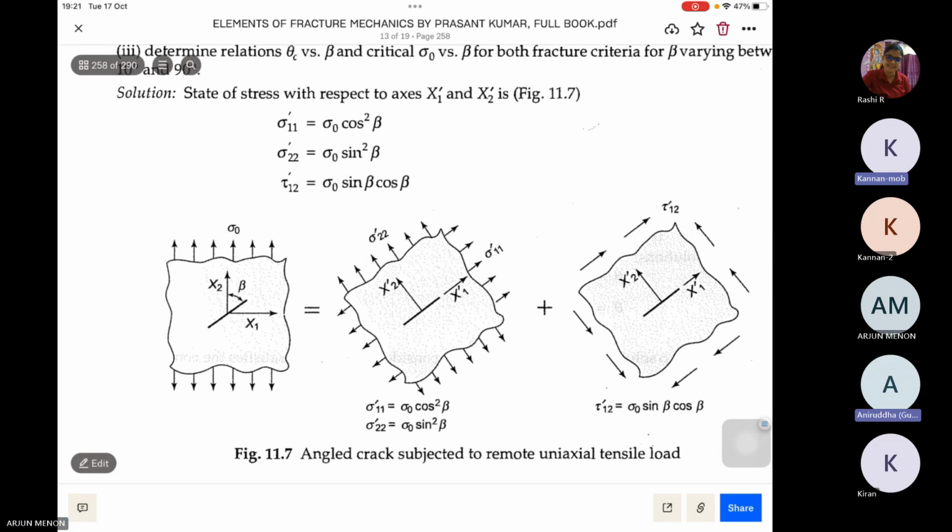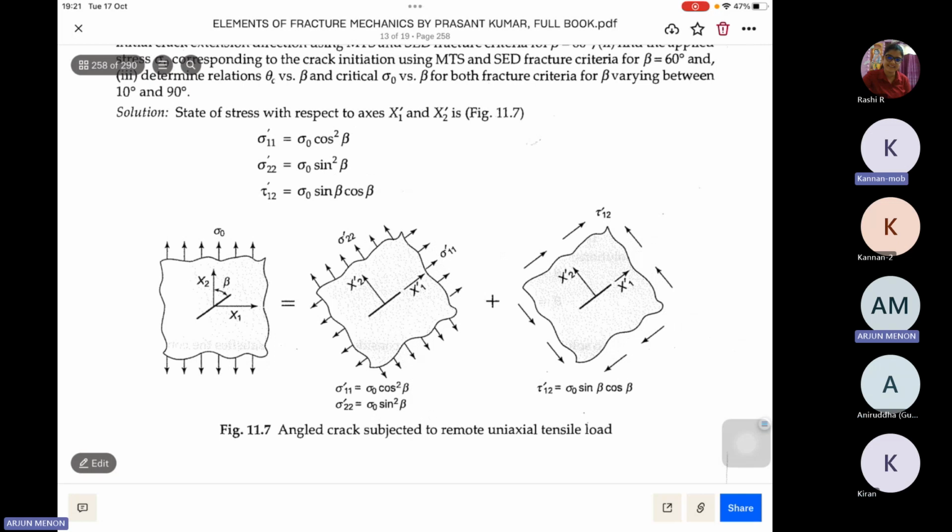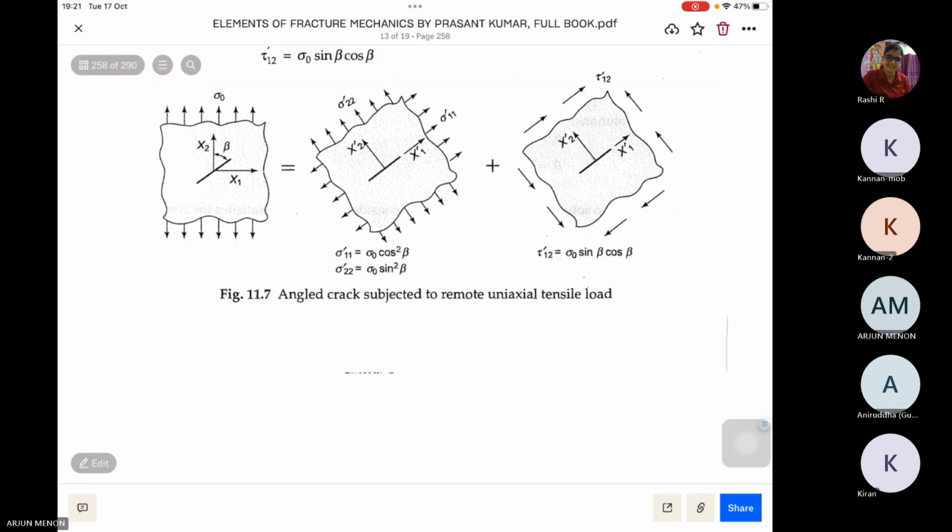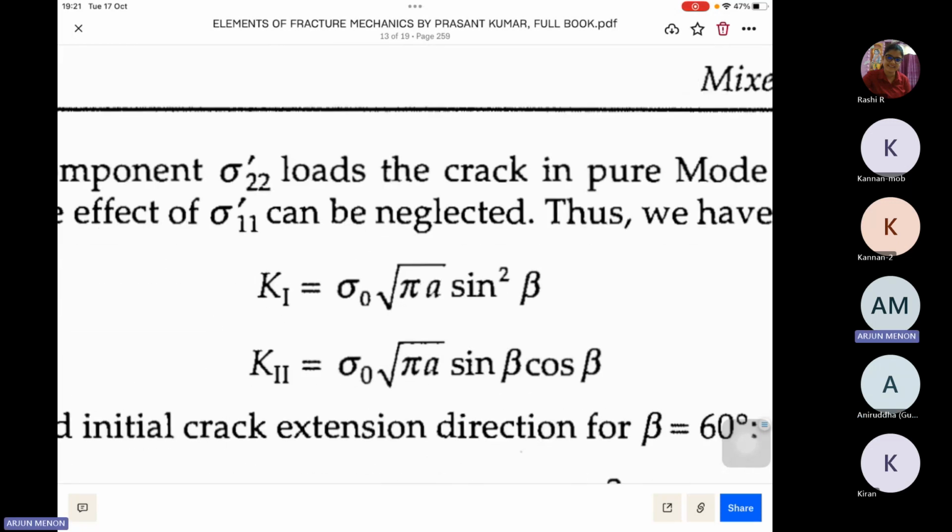You were telling that sigma 11 will not exist, right? Sigma prime 11 will not exist. Please be careful because I have a different book. Sigma 11 value will be there, but it's not significant here.